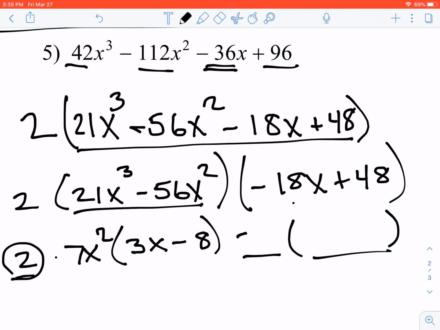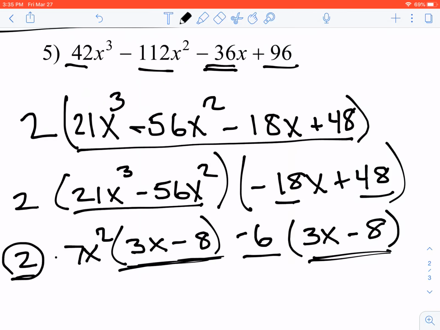Hopefully you guys can see that would be negative 6. So negative 6 would be my GCF of negative 18 and 48. And after I take that out, I have 3x. 48 divided by negative 6 is negative 8. And you can see that 3x minus 8 and 3x minus 8 are the same.